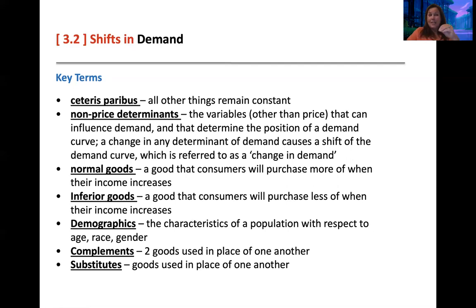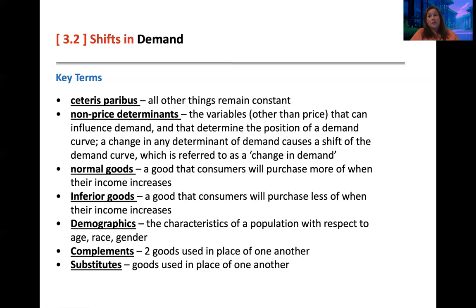Now, normal and inferior goods. I'm getting ready to tell you the economic term for these. This is going to be completely different than financial terms. It's completely different than Dave Ramsey or what I would tell you financially planning. A normal good is any good that a consumer is going to purchase more of when their income increases. So pretend you just won $1 billion. Are you going to go buy a used car or a new car?